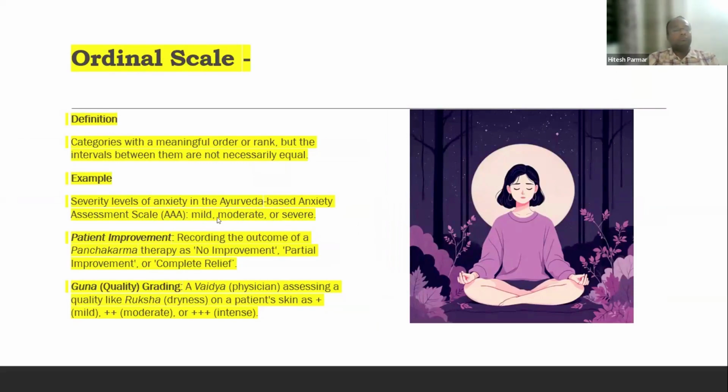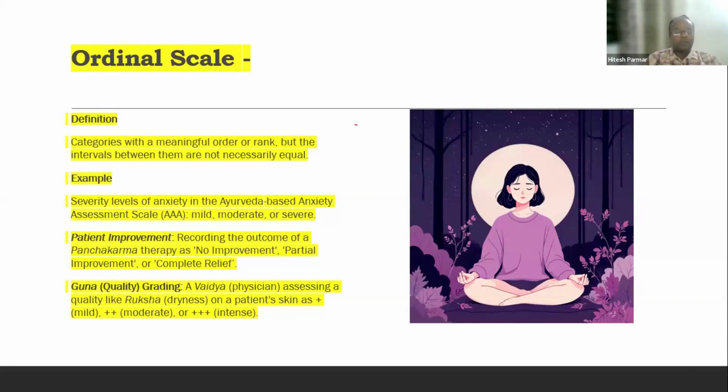Again, you can generate the frequency: out of, say, 100 patients, how many are mild, how many are moderate, and how many are severe, right? Here you can have a bar chart also, you can have a pie chart also.